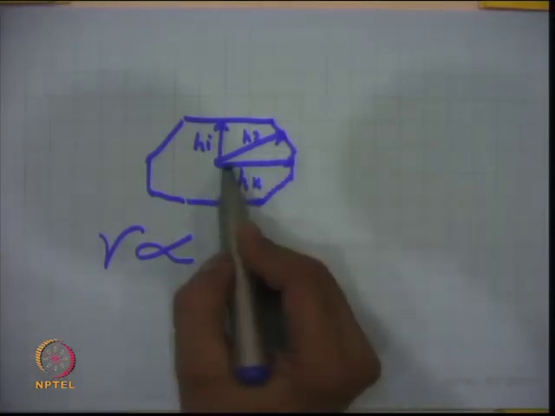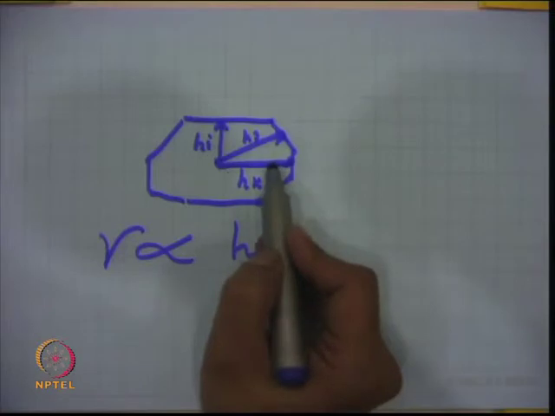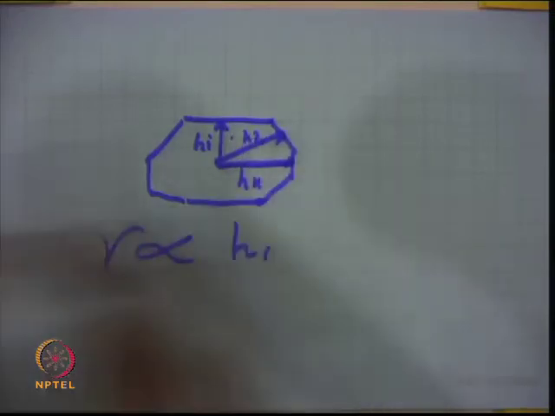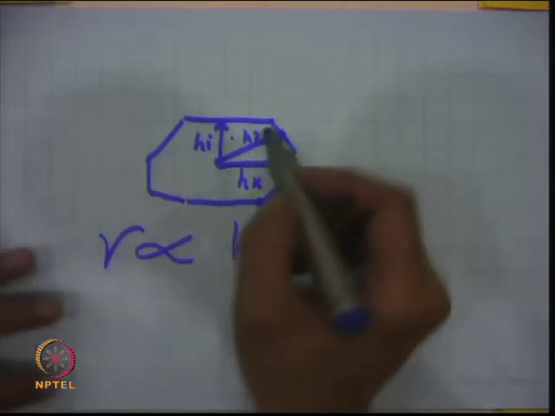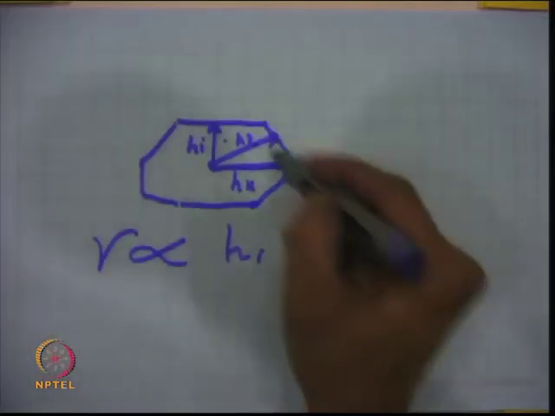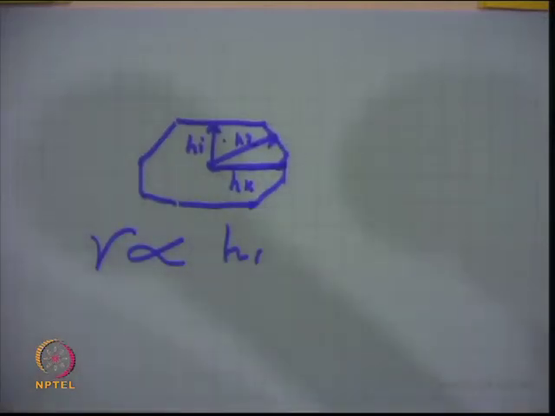If this distance is high, then gamma is larger. So, gamma k will be larger than this one and then this one. Then you can tell how this surface is forming. Depending upon these distances, the surface energy of each plane is different, this plane, this plane, this plane and so on. So, you can get the idea about the crystal geometry.